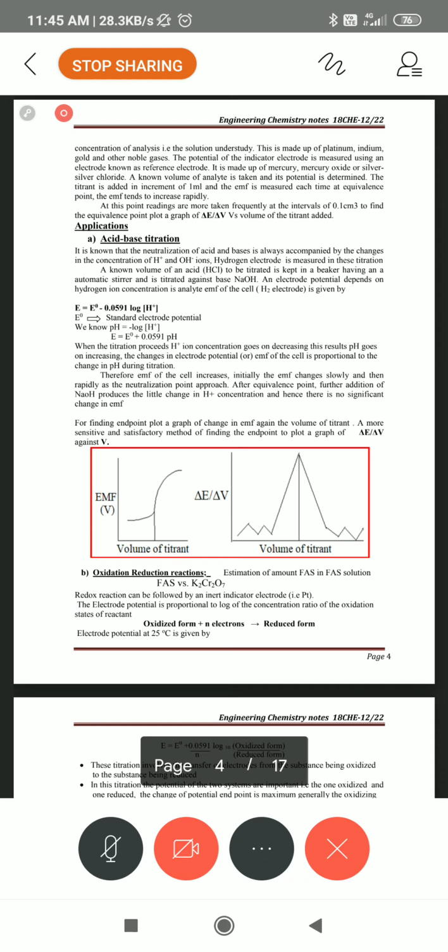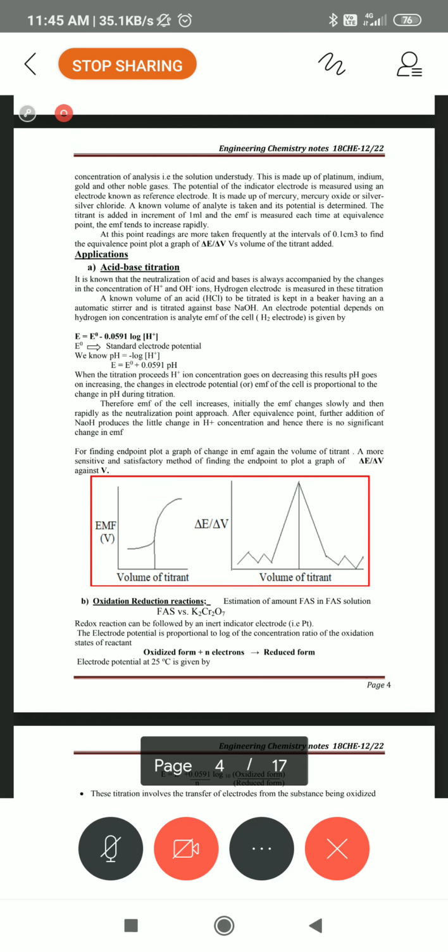Add 5 ml of H2SO4, 1:1 or dilute, no problem. It prevents the formation of ferrous hydroxide. If ferrous hydroxide forms, you can recall what the procedure for COD is.